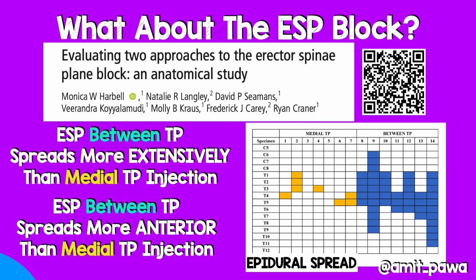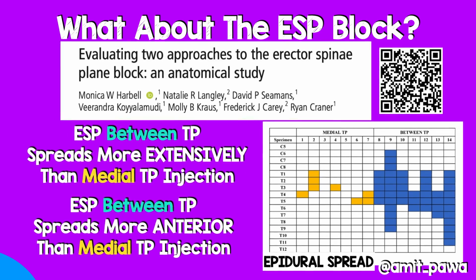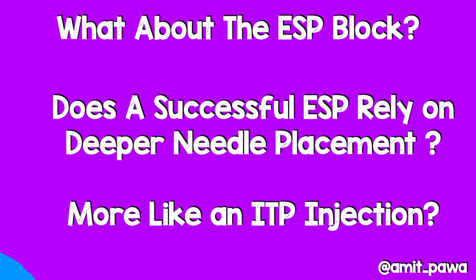And actually, when they evaluated their anterior spread, the in-between needle placement, so needle placed between transverse processes, actually got much more anterior spread, and you can see that clearly identified on the diagram here. So when we're thinking about the erector spinae plane block, it may be that a successful ESP block relies on deeper needle placement, a little bit more like an ITP injection.